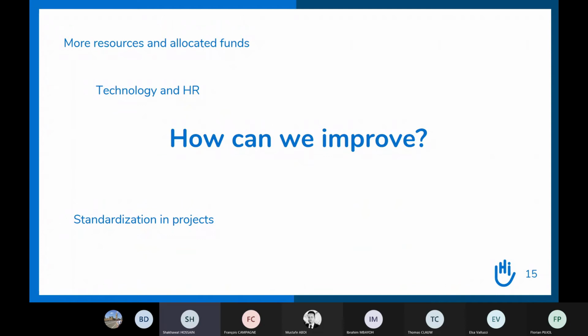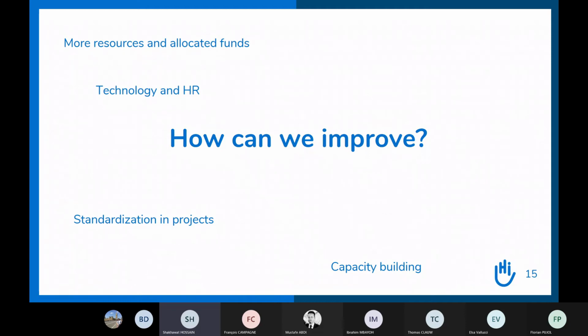It can be training, it can be mentoring, virtual or face-to-face, whatever it is, but it is important, because the people dealing with information management need to have the capacity to deal with the system, and also to work with the other team members in the program or project.